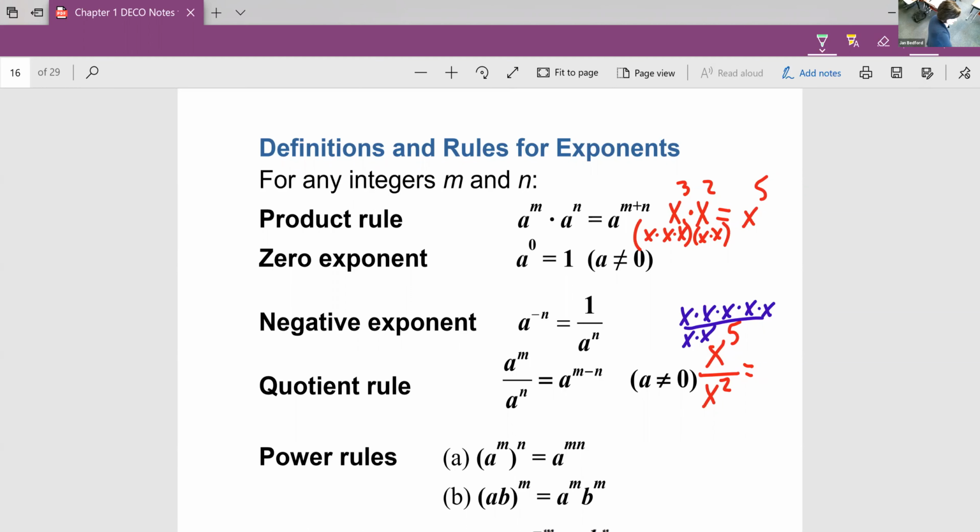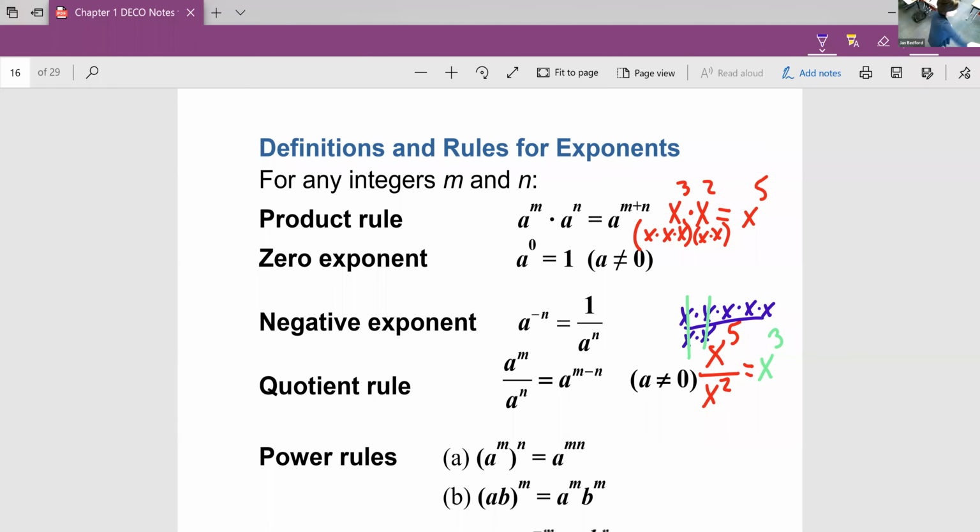If I have an x on top and an x on bottom, I can cancel that out because that means the same thing as 1. Here's another one of those I can cancel out. What's left? 3 of these guys. That's x to the 3rd. Now, what would be the shortcut if my bases are the same, it's a fraction, and I had exponents on there? What do I do with the exponents? I'm going to subtract.